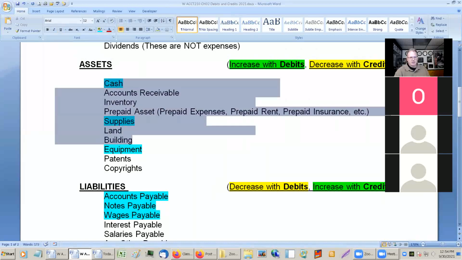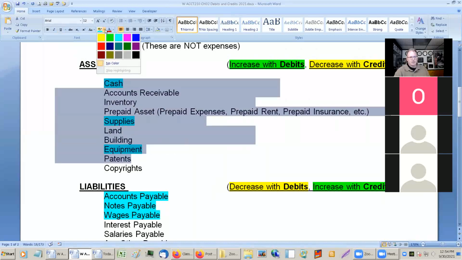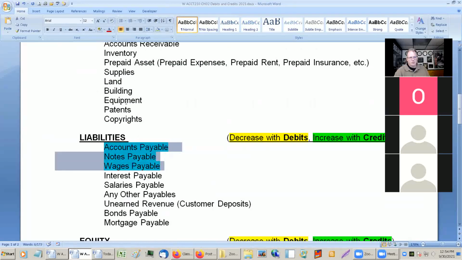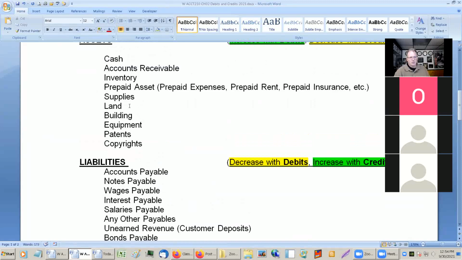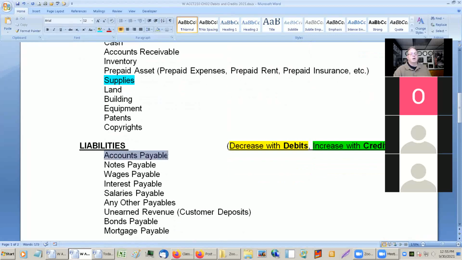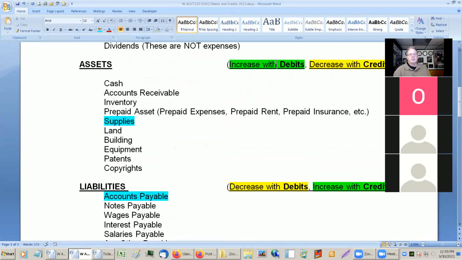This is getting a little bit cluttered. So supplies going up, accounts payable is also going up. So supplies are going up with a debit.